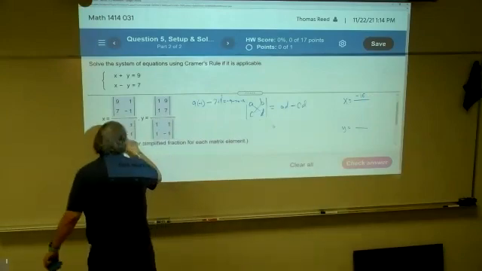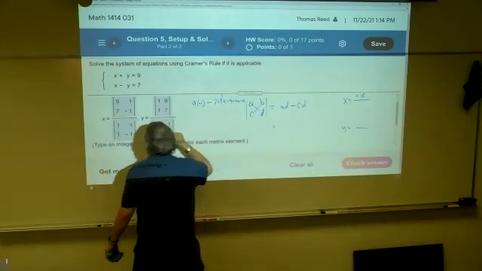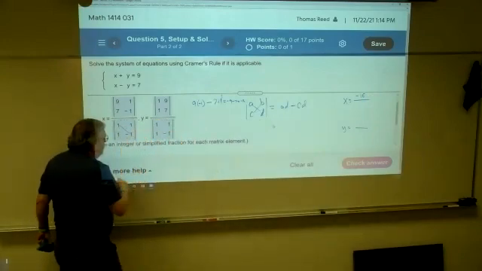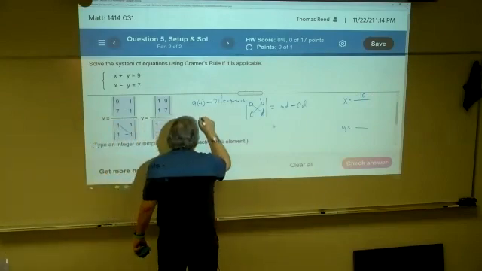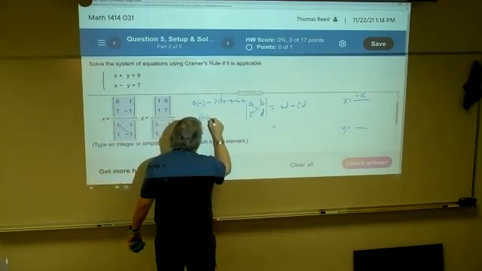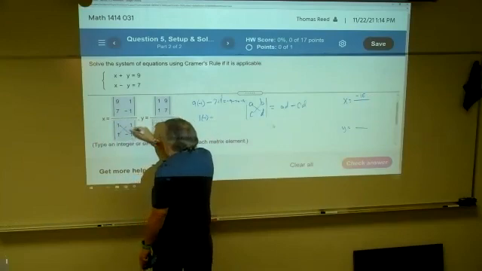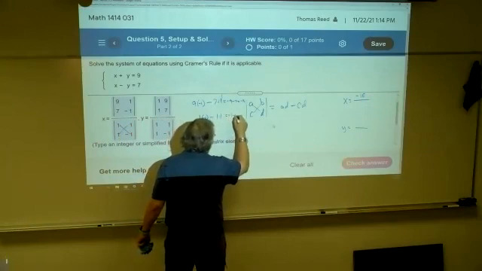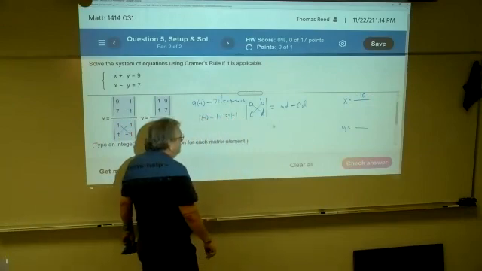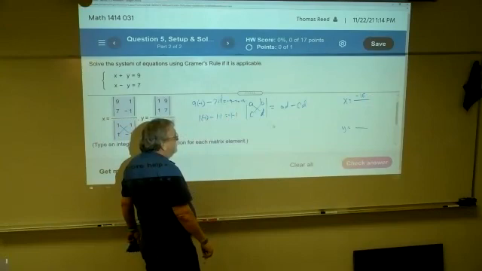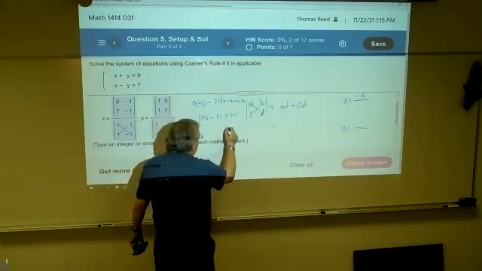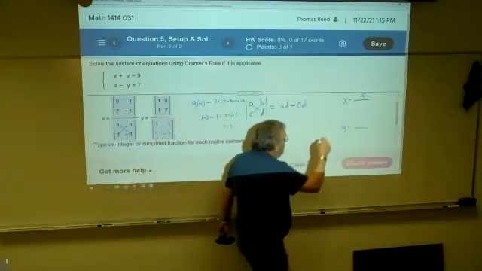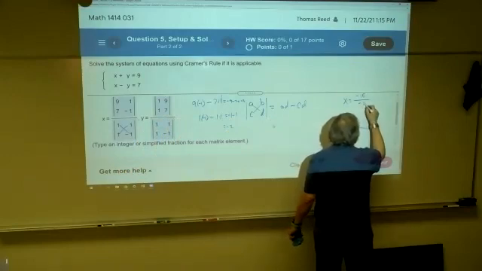And then the denominator, I have this diagonal, 1 times negative 1, minus this diagonal, which is 1 times 1. So we have a negative 1 minus 1. Well, that's negative 2. So this is negative 16 over negative 2.